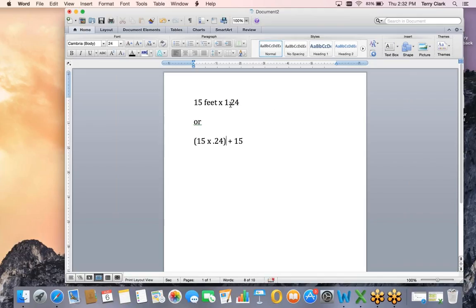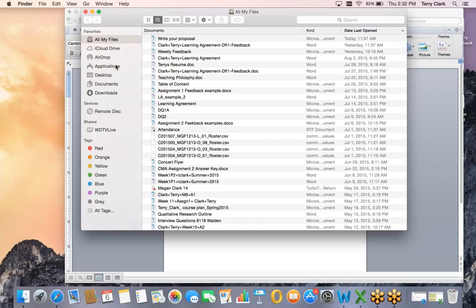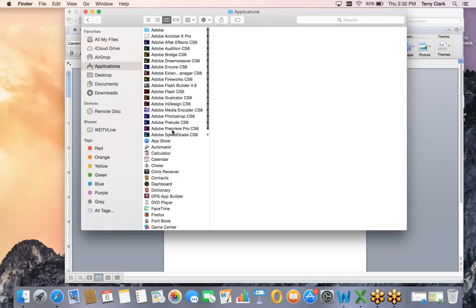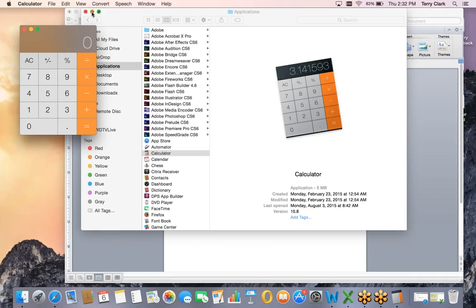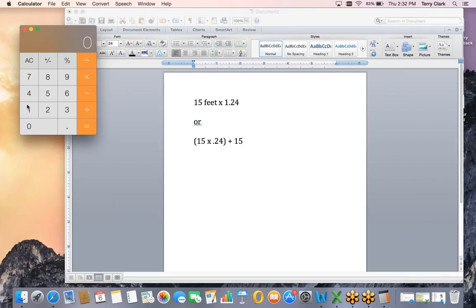The quickest way of doing it is just to take the 15 and multiply it by the 1.24. Okay. So when we do that, let me pull up a calculator just to make it quicker. Okay, so we're going to take 15 and multiply it by 1.24.